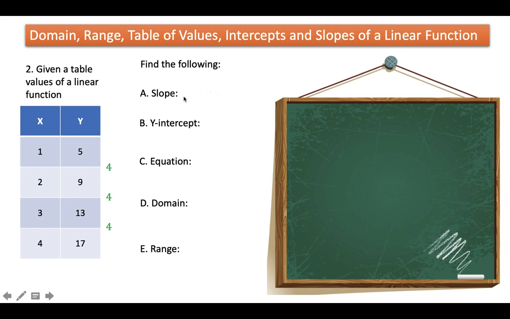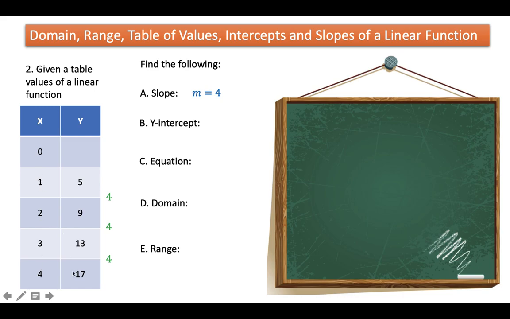So we can now find the slope, and our slope here is 4. And for our y-intercept, since it is not known here in our table values, it's okay. We can still generate one for it. Since the x here, 4, 3, 2, 1, if x is equal to 0, it is just 1 unit away from our given here.